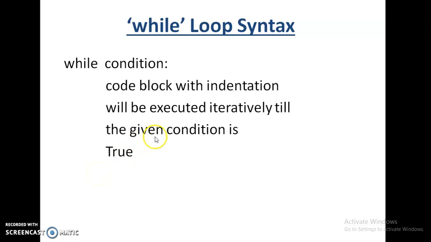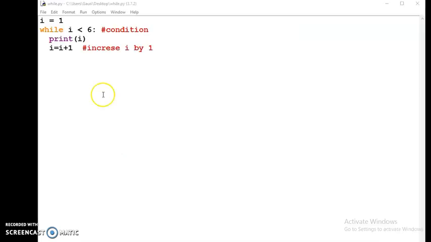Now let us see its program. This is a program for the while loop that I have already written in a script. I have taken a variable I and initialized it with 1. That means the value of I is 1. Now I have written a while loop. This is our keyword while. This is our condition. I have made one single line comment over here.